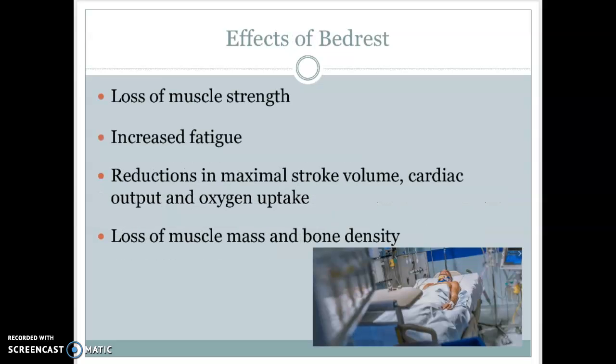So, as you can imagine, a patient, for whatever reason, is spending lots of time and all their time in bed, and they're not changing positions much, they're not ambulating. These are all quite obvious.